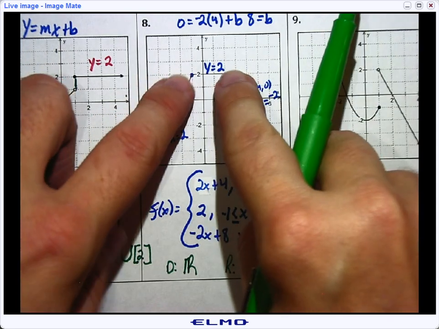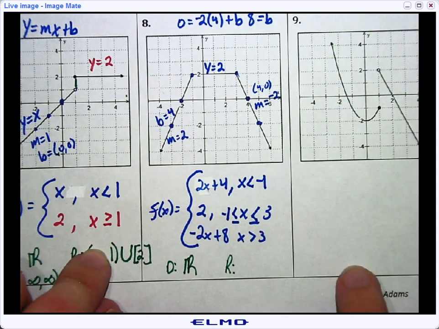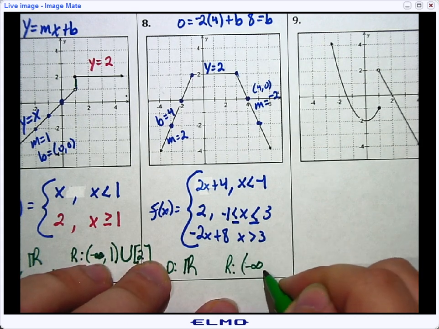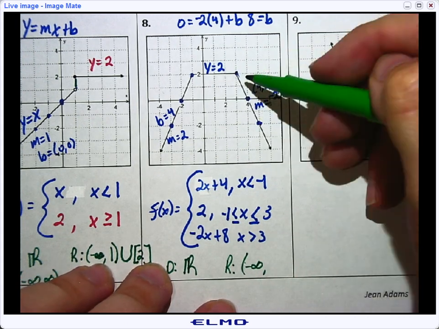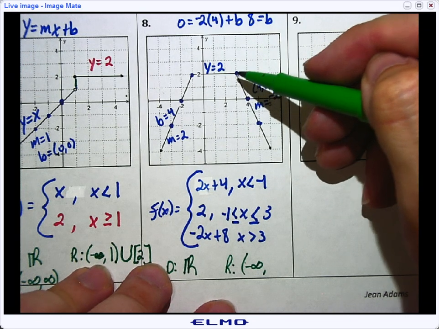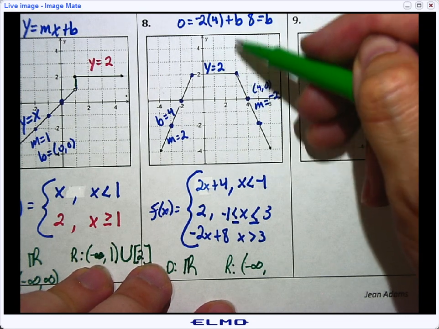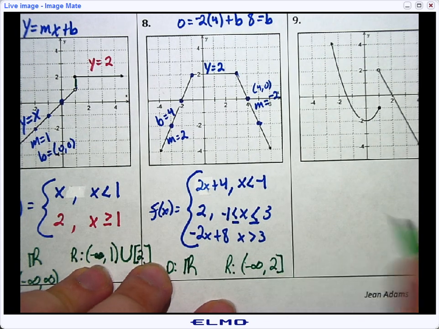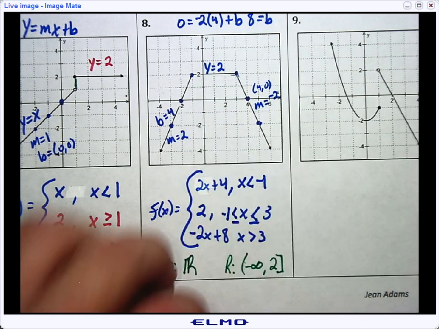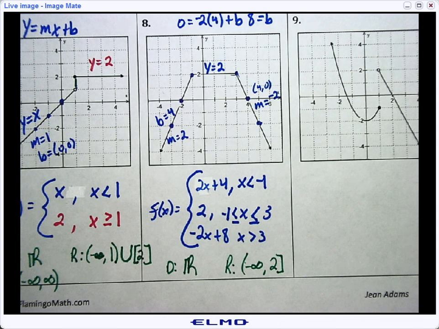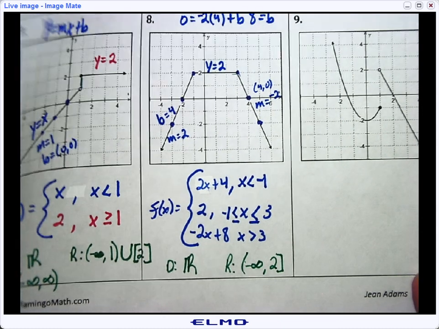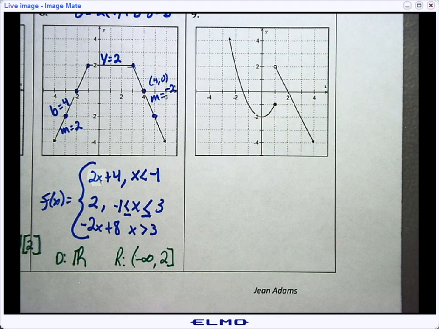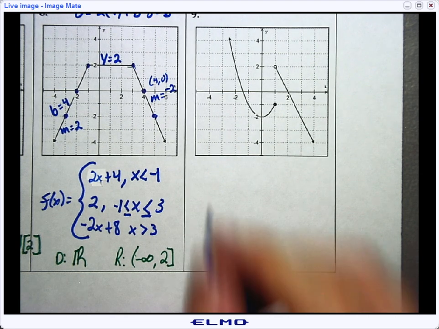So in terms of going down, it's going to keep on going down to negative infinity, but it tops off at positive 2. The y value is never going to be above positive 2. So it goes to 2 included because there are points when y is 2. So there's your range.